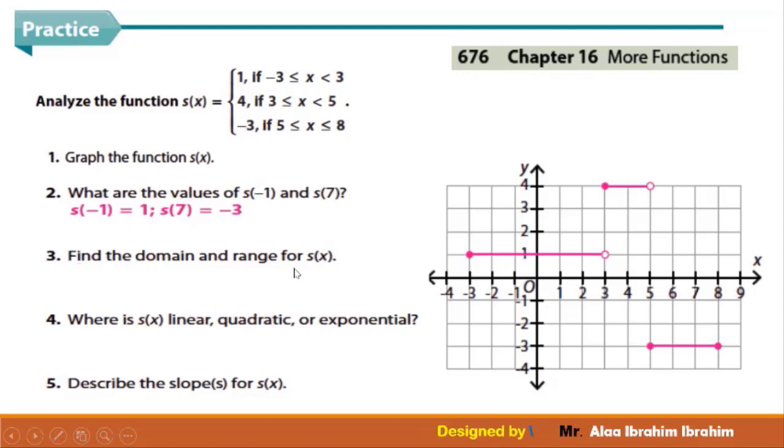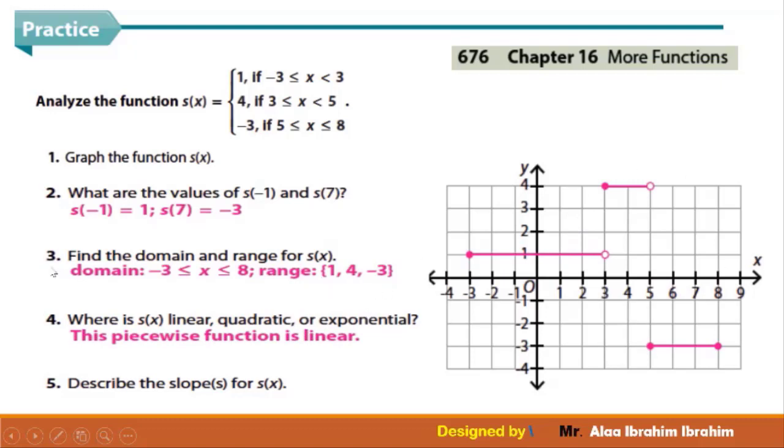Find the domain and range. The domain here is from negative 3 up to 8. And both ends are closed, from the start to the end. And the range, I told you before, we're dealing with numbers like here 4, here 1, and here negative 3, three digits.